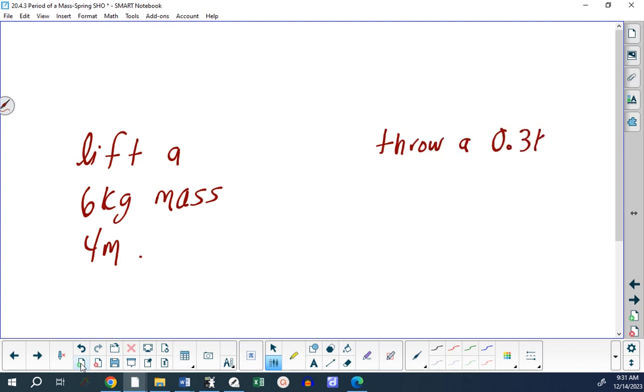I have no idea what the mass of a baseball is. We throw a 0.3 kilogram ball at 12 meters per second.